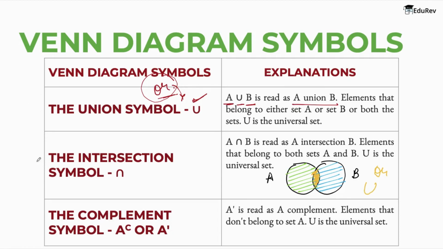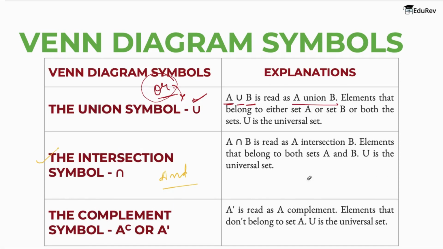Now let's see what is the meaning of intersection. The meaning of intersection is and. So let's again understand how we can draw and. Intersection is basically read as A intersection B, and it is written like this. It means elements that belong to both A and B. U is your universal set.